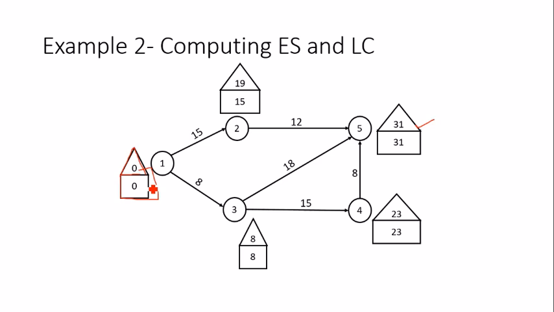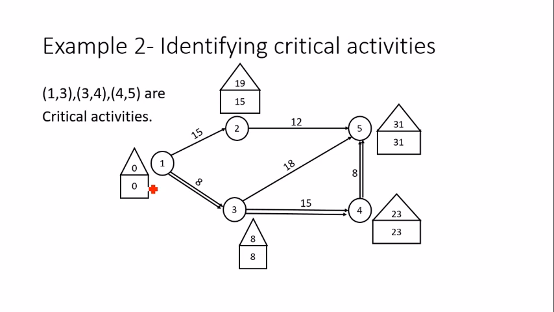And what is the next step after computation of ES and LC? So I need to now identify my critical activities and critical path. So I have identified that these are the critical activities. Again, I have already explained this part, how to identify the critical activities. So here you will see 1 to 3, 3 to 4 and 4 to 5 are the critical activities.